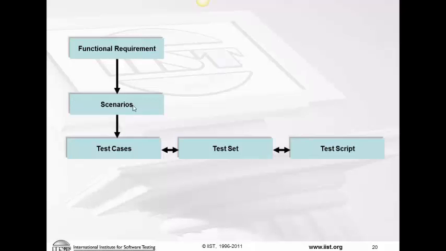The intermediate step here that I'm suggesting is the concept of scenarios. And I've been teaching people scenario-based test design for years. This is simply saying that we will take a requirement, and before we rush into writing test cases, we'll come up with scenarios.